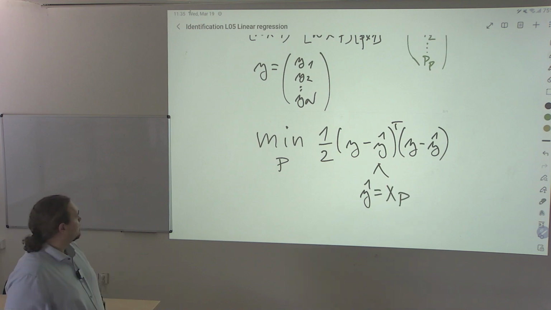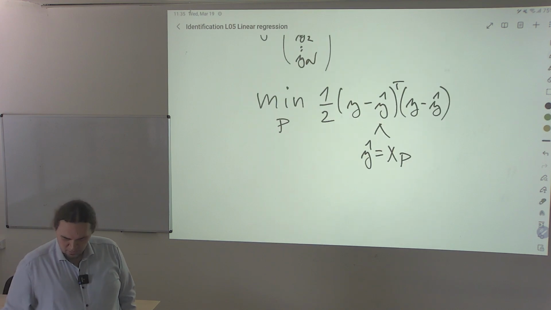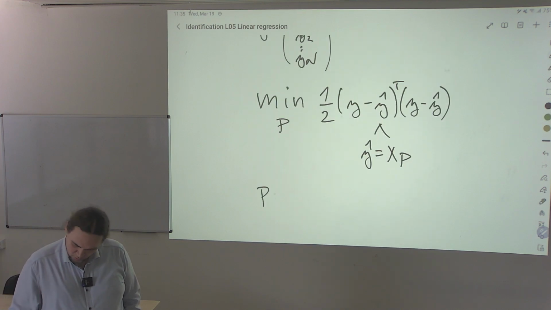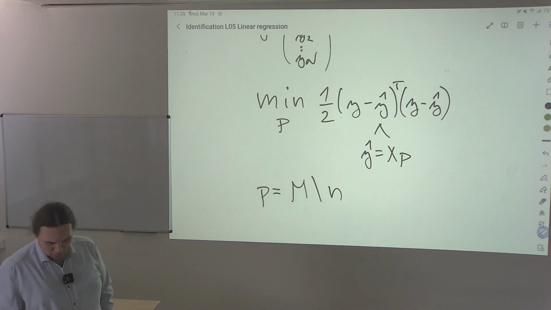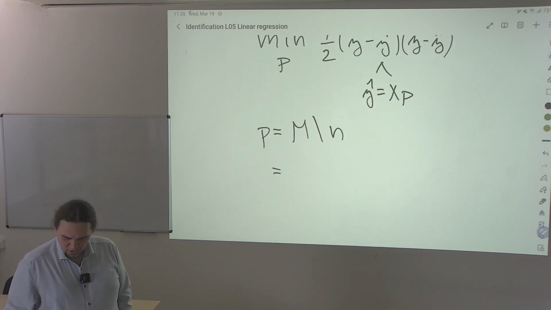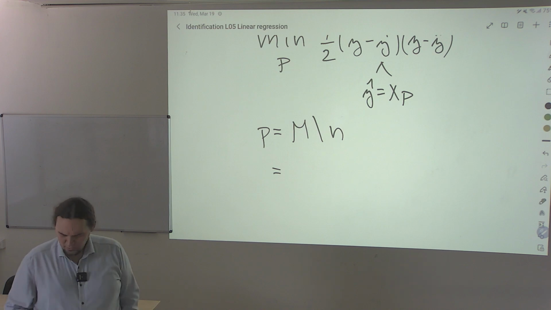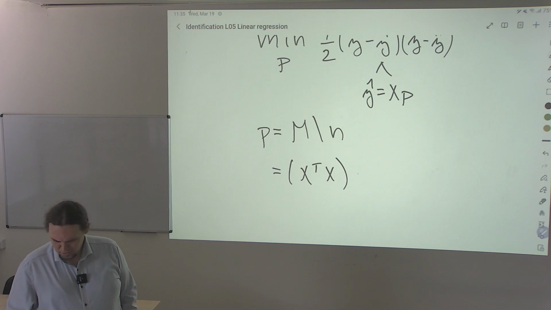So next time we will finish this, and now I promise we will plug in this y hat is equal to x times p. That's what we already established, and what we will end up with is that p will be equal to some matrix inverted and multiplied by another matrix.